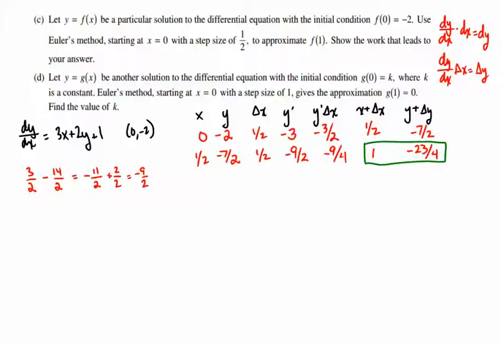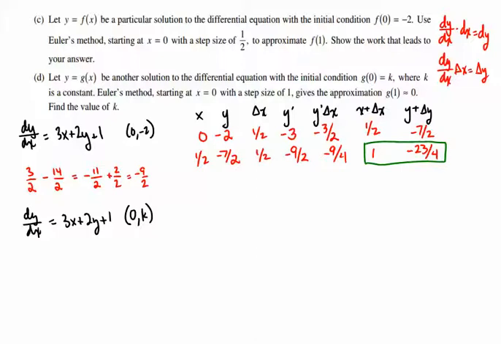For part D, let y equals g of x be another solution to the differential equation with the initial condition g of 0 equals k. So again, we're still working with our differential equation, dy/dx is 3x plus 2y plus 1. Only here, we're dealing with x equals 0, y equals k.